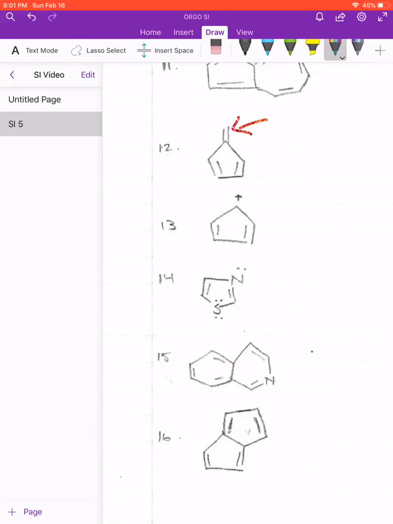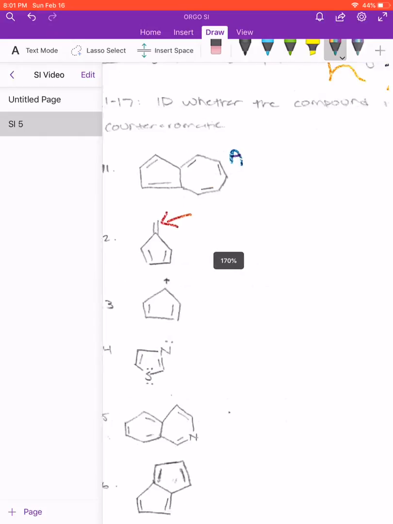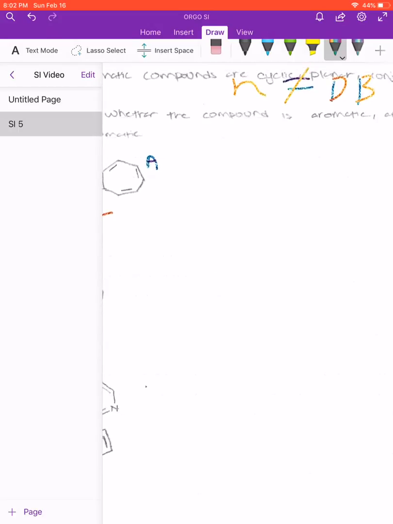But is it anti-aromatic or is it non-aromatic? Basically the criteria for anti-aromatic is that the number of electron pairs is even, but the molecule is conjugated and the molecule is planar.